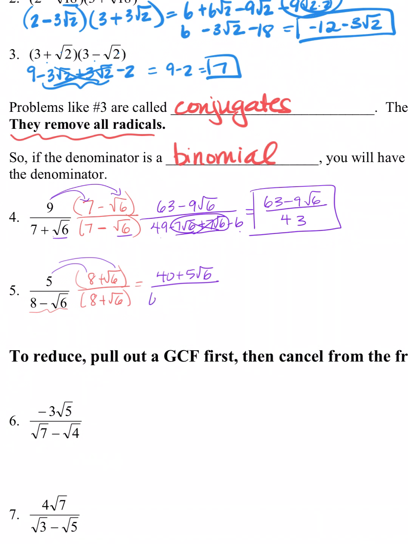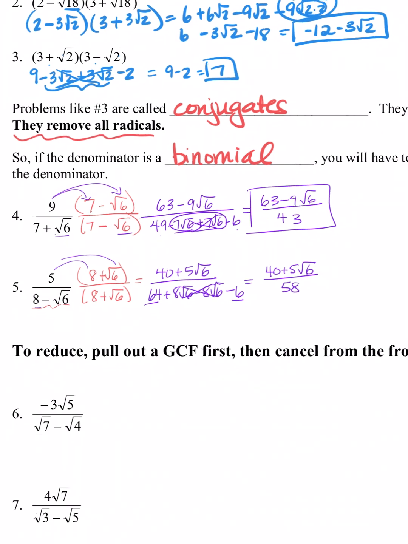On the bottom, I'll have FOIL, I do 64 plus 8 square roots of 6 minus 8 square roots of 6 minus square root of 36, which is 6. These go away. And then I'll have 40 plus 5 square roots of 6 over 64 minus 6, which is 58.